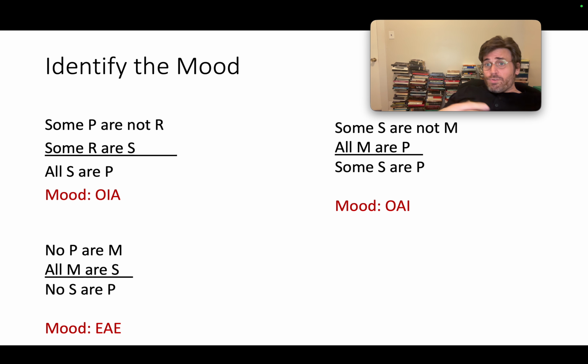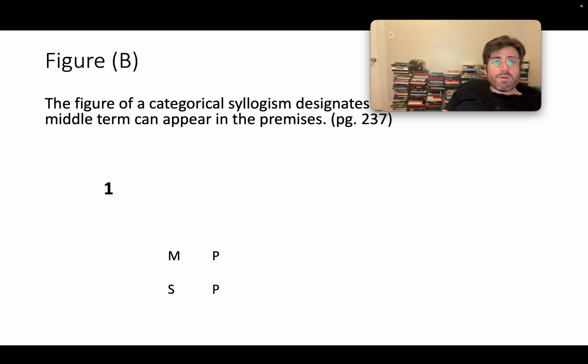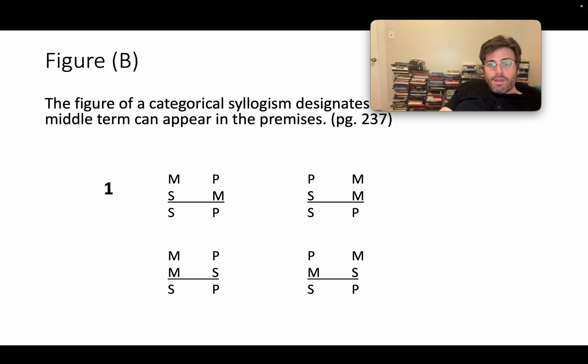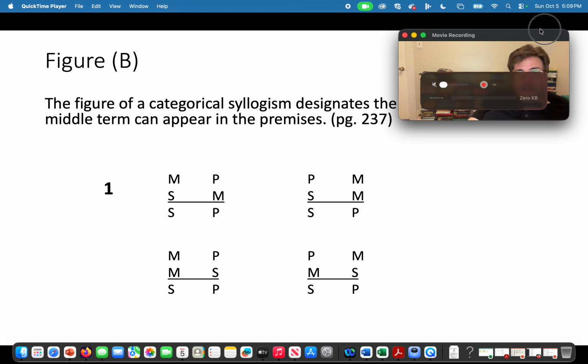And I'm not asking you to memorize mood in terms of any configuration or combination. We're going to be using mood to determine validity, but all you have to do to discover the mood is to label each sentence in terms of its category type. Okay, let's have a look at a few more here.